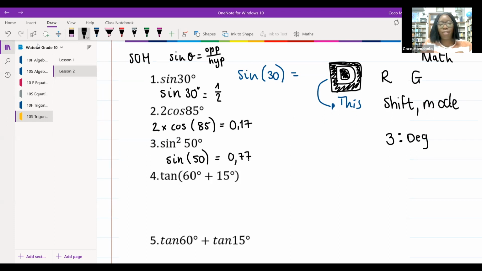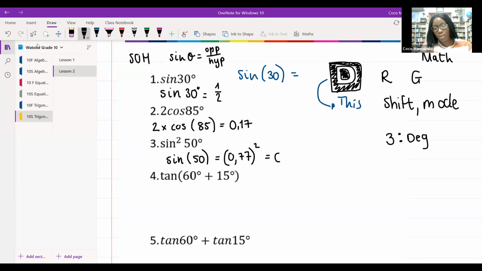Good. All right. But because we want the sine squared, I want you to take that 0.77. So click the AC button on your calculator and then click 0.77 squared and give me an answer. 0.77 squared.